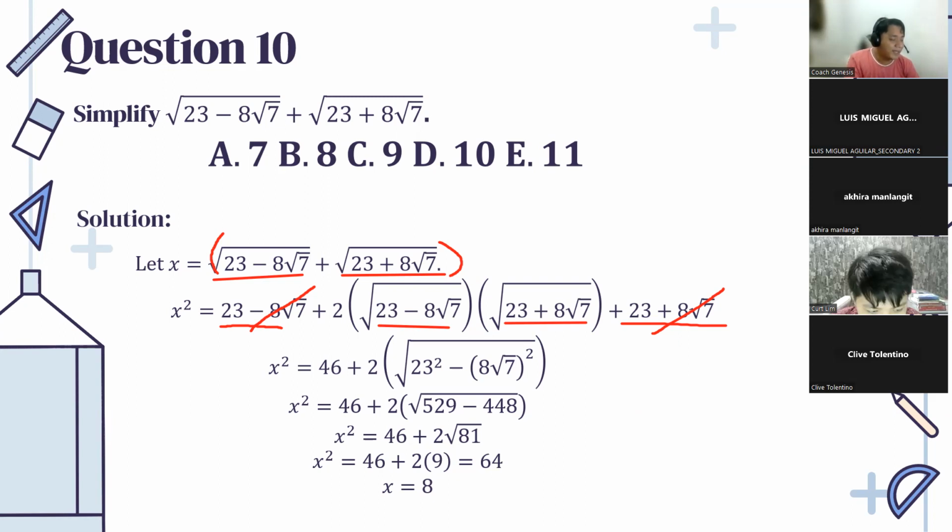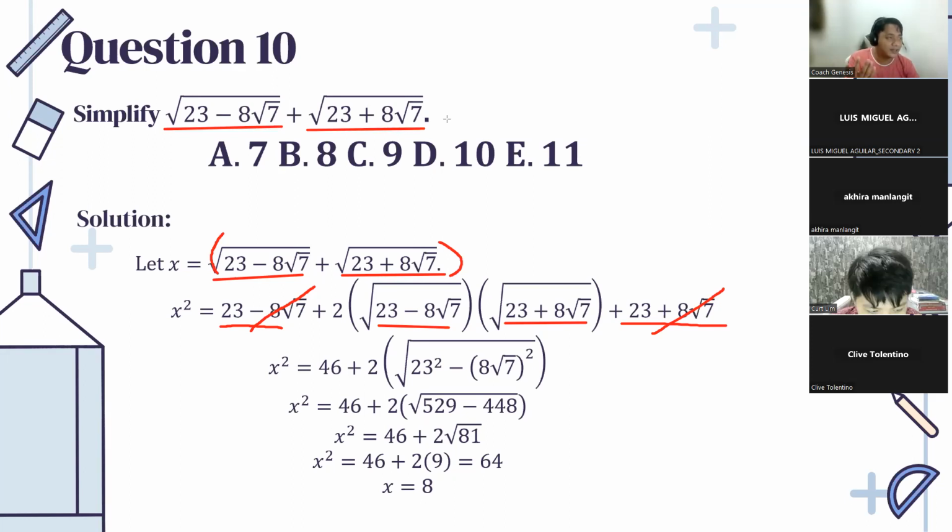So why can't we have negative? Okay, the reason for that is the way this question is written. If you are given the radicals directly, then you are to give the principal root. What does principal root mean?